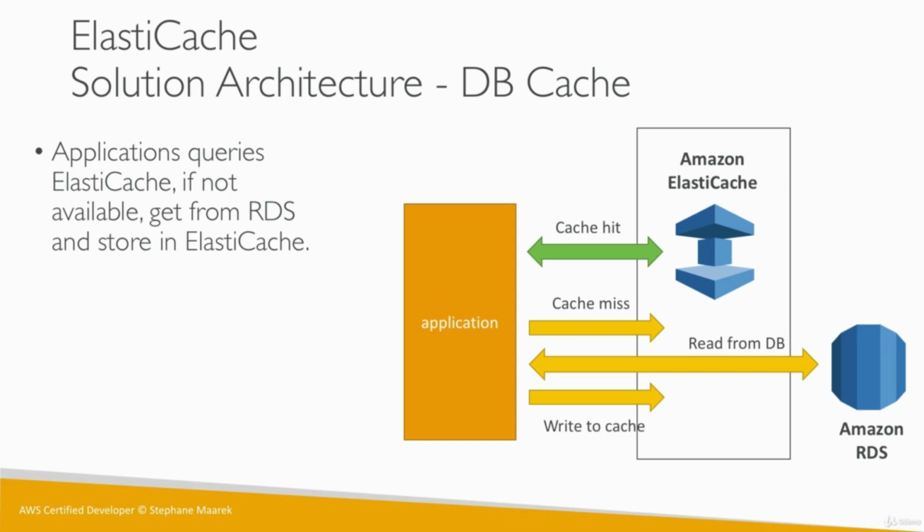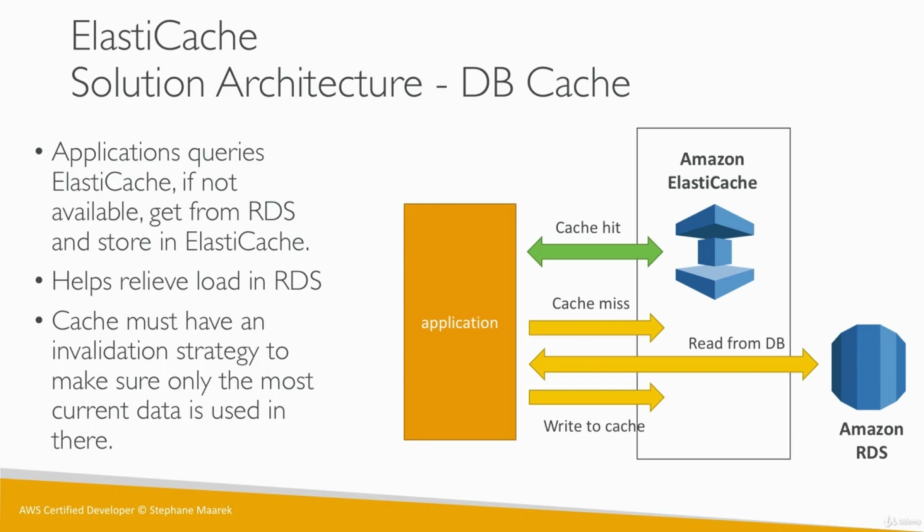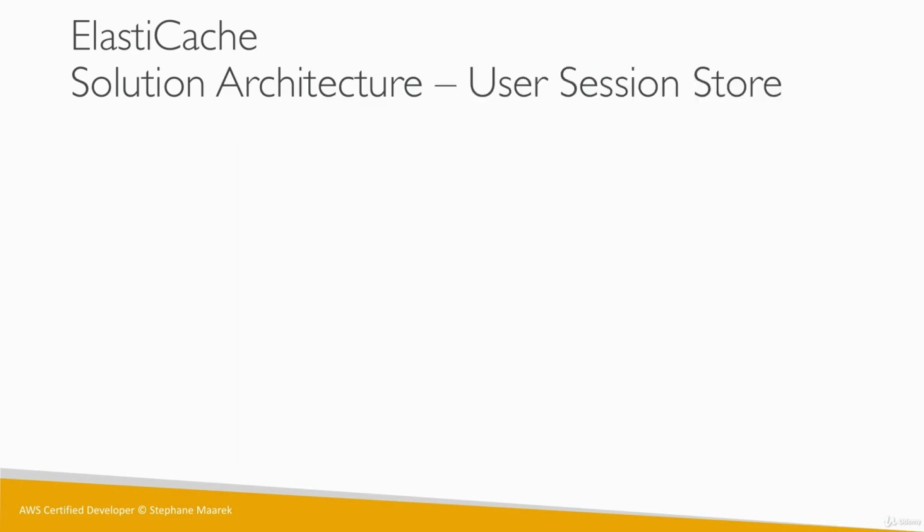And the idea is that if another application or the same application asks for the same query, this time it will be a cache hit. And so that's what a cache does, it just caches data. So the caches will help relieve the load in RDS, usually the read load, definitely. And the cache must also come with an invalidation strategy, but that's up to your application to think about, so that only the most current and most relevant data is in your cache.